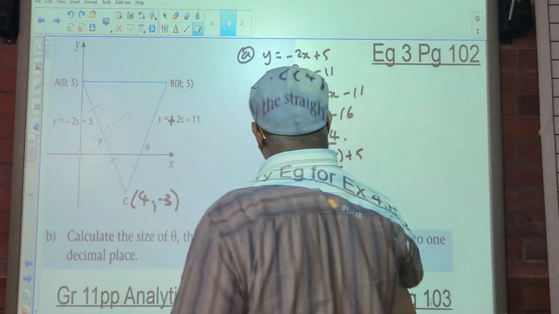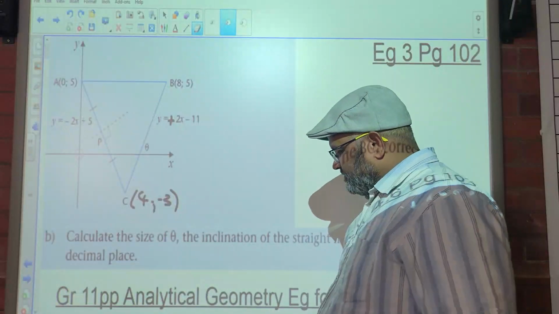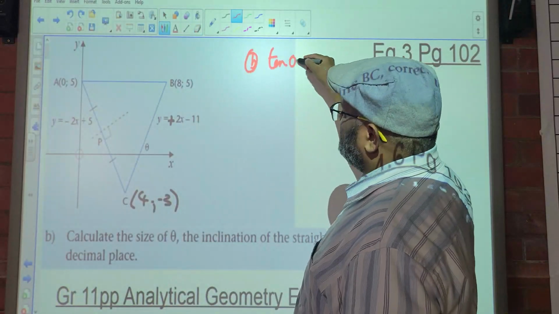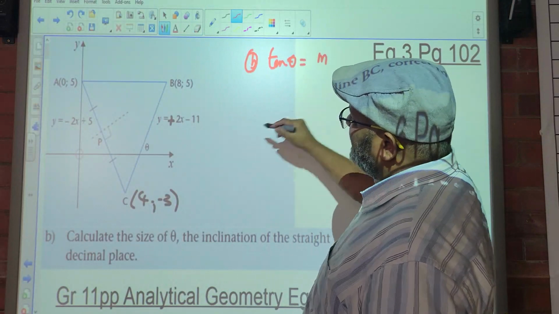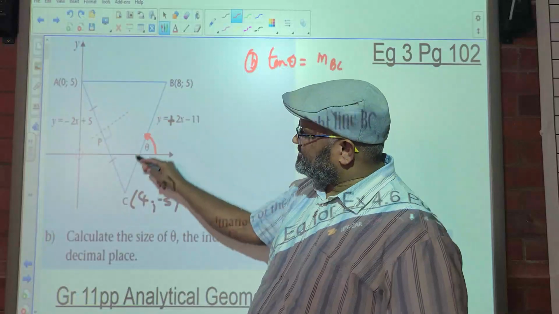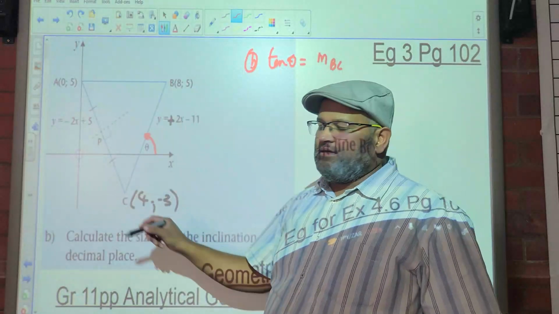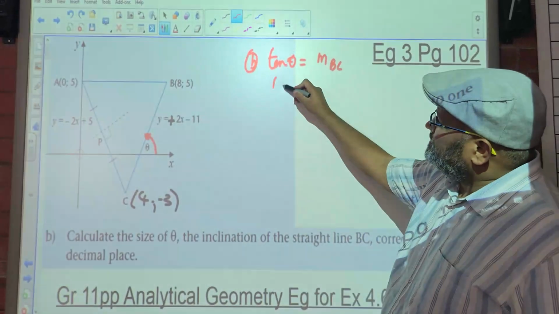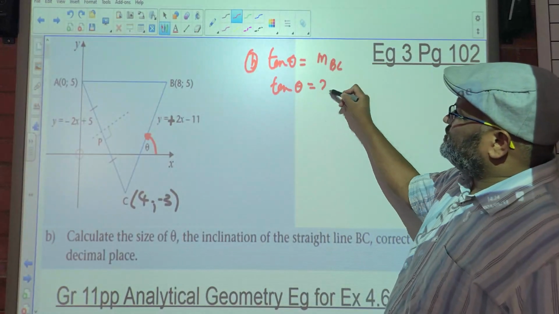People, how do we calculate the angle of inclination? We say tan of theta is equal to the gradient of that line, which is BC. Can you see that, people? It's to do with this line here. So what is the gradient of BC? 2. So tan of theta is equal to 2.